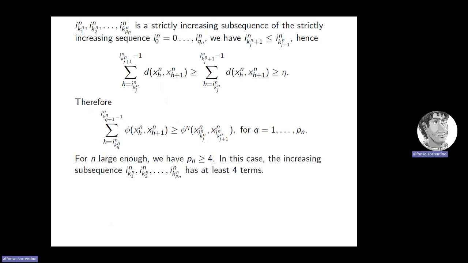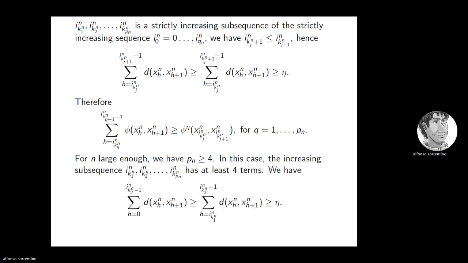Because of the triangular inequality, it's larger than the cost between the two endpoints, than phi between the two endpoints. Now, for n large enough, we have P_n large, so I can have at least 4 integers in that sequence. And what I do, I look at the first here, this is larger than eta.